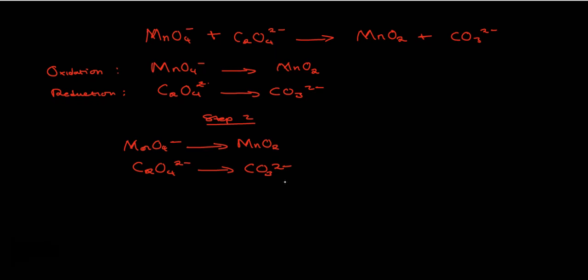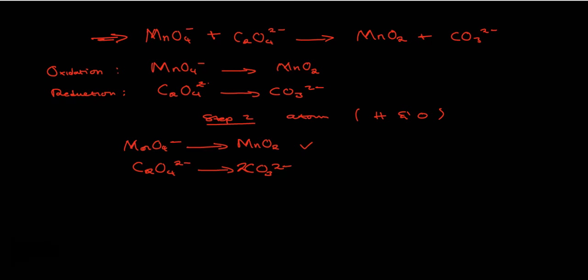So this was the equation we were asked to balance in basic media. The oxidation and the reduction reactions are these. Now our second step is to balance atoms except oxygen and hydrogen. We know this is already balanced, and you only have to balance carbon. We have 2, we have 1 here.